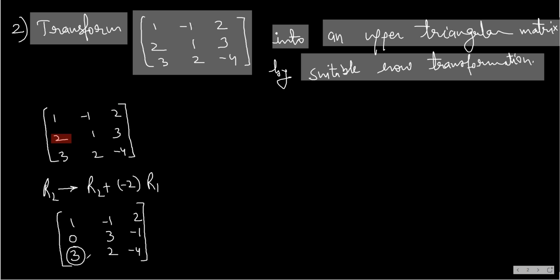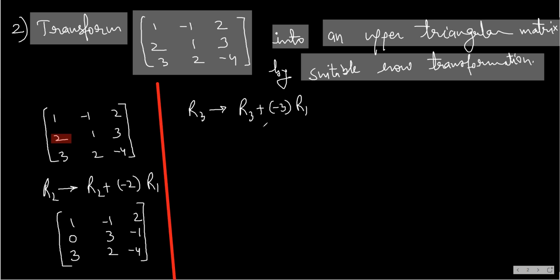You want this to be 0. So see, to make it 0, once again, I will use R1. I write here, R3 changes to R3 plus minus 3R1.